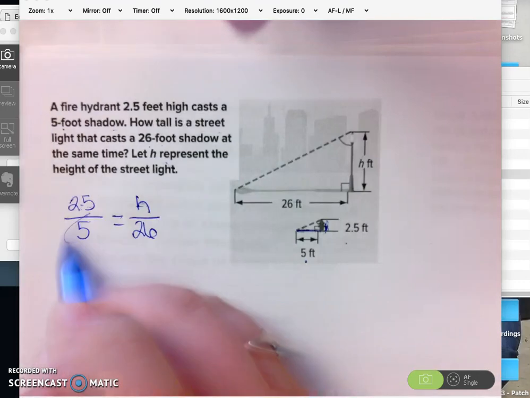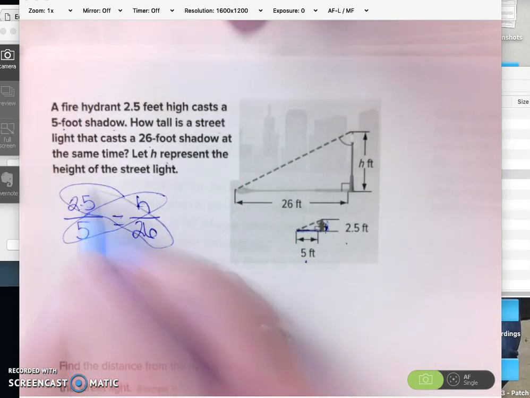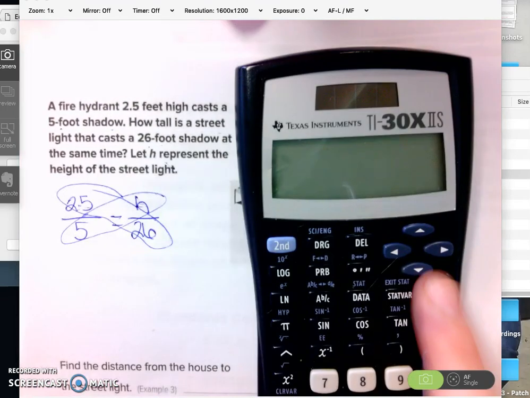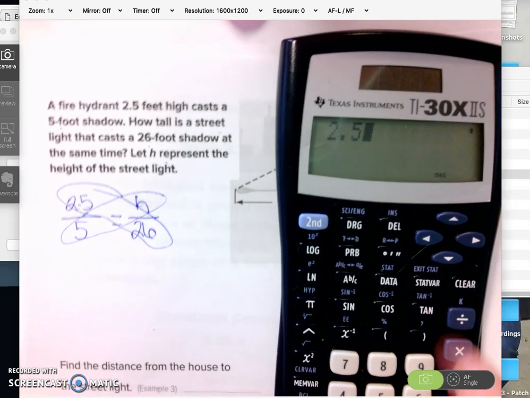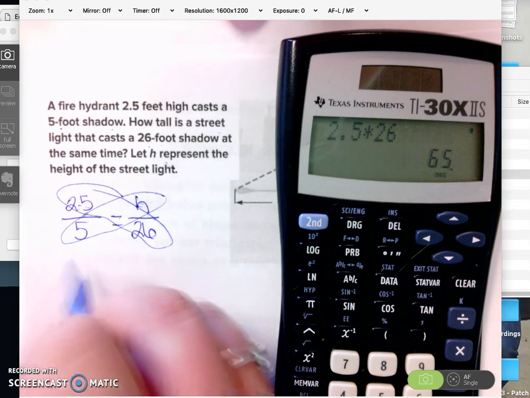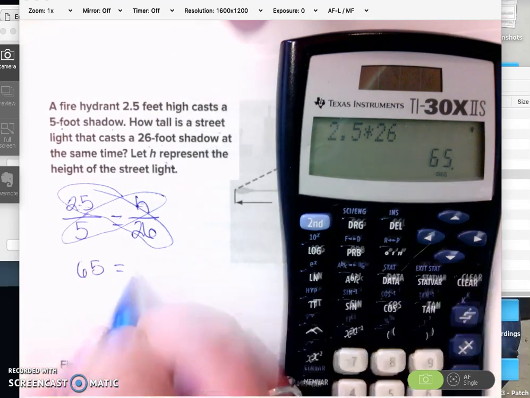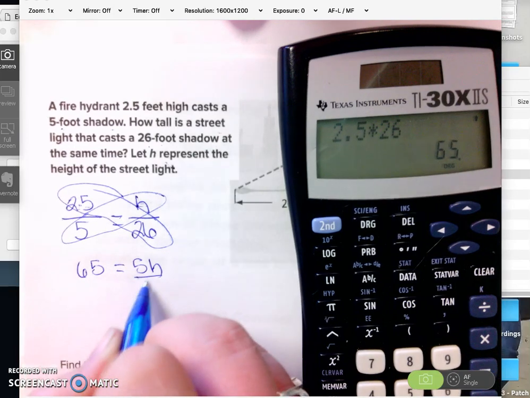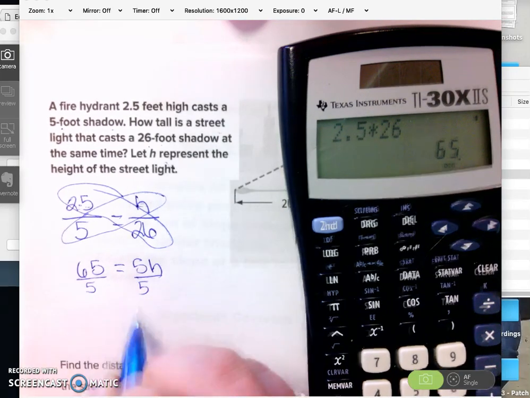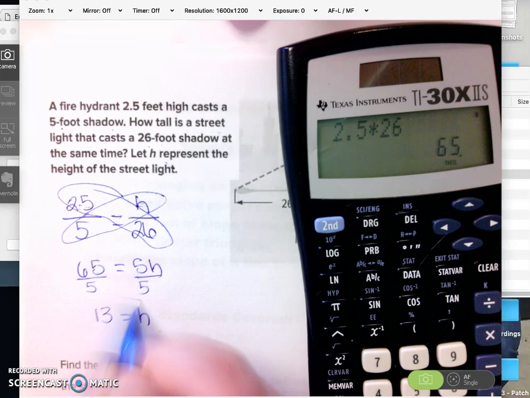So we can cross multiply, and we would do 2.5 times 26 gives me 65, and it equals 5 times H. Then I can divide by 5, H is equal to 13.